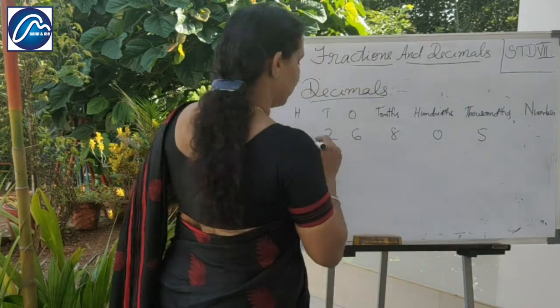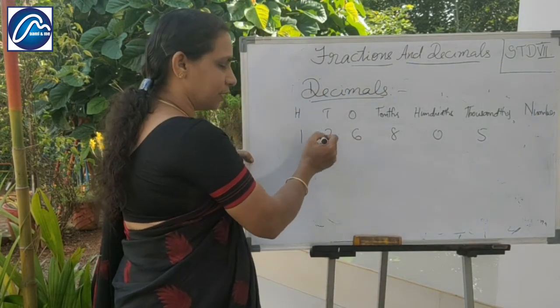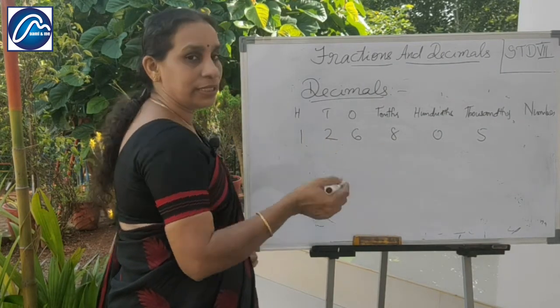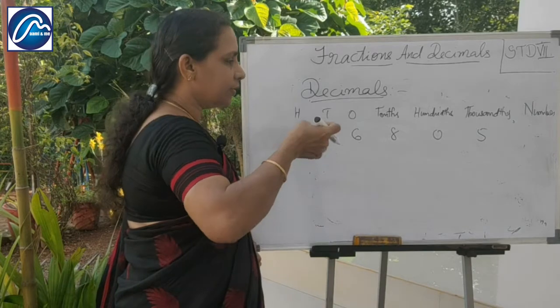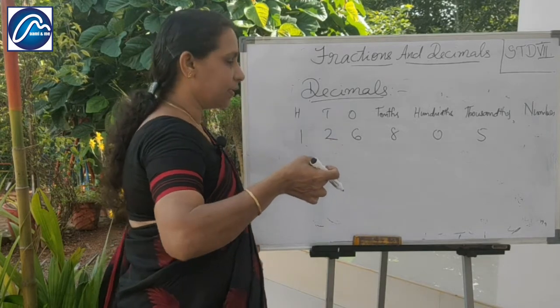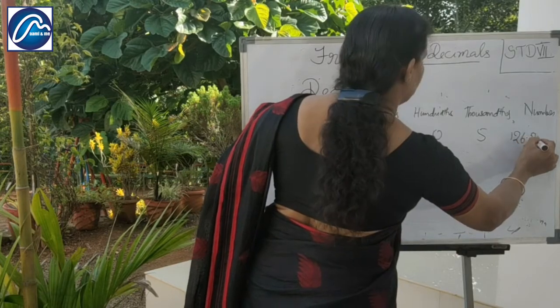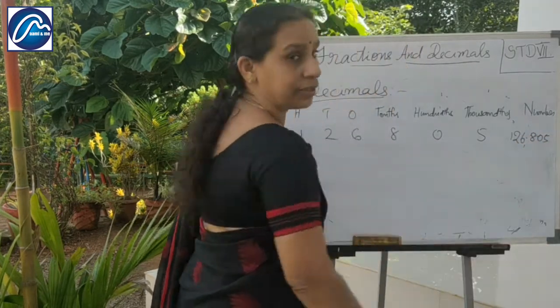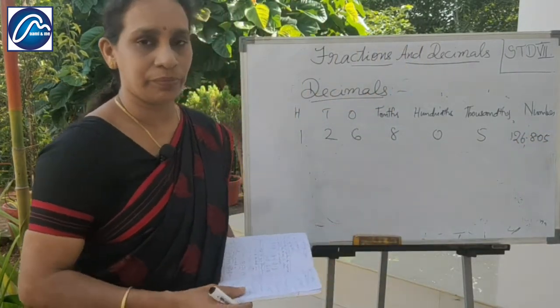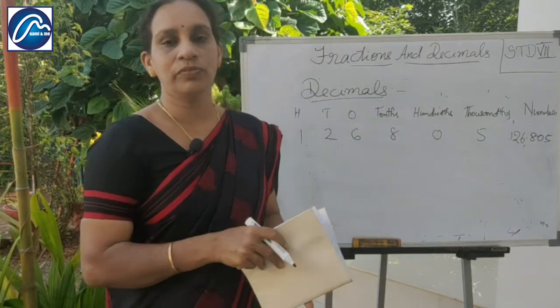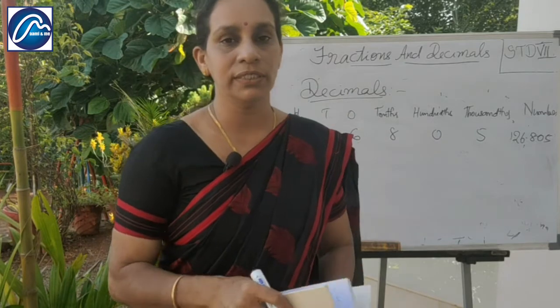This is ones place, tens place, hundreds place. After the decimal, you will call it tenth, hundredth, thousandth, like that. So the number is 126.805. You can't read it as 805. After the decimal, you will read only the digits: 8, 0, 5.